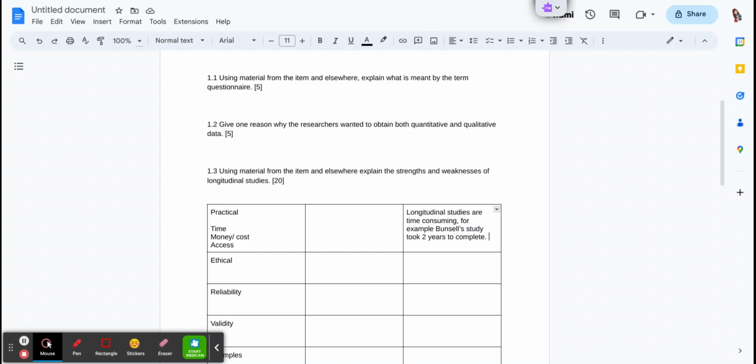And there's a cost. Let's be dramatic. There's a huge cost with travel.